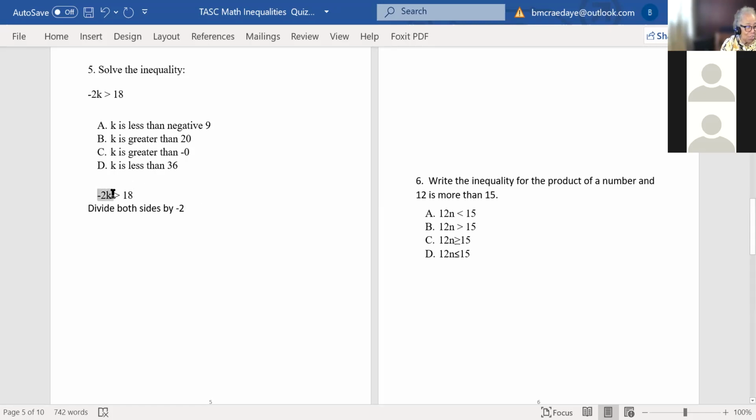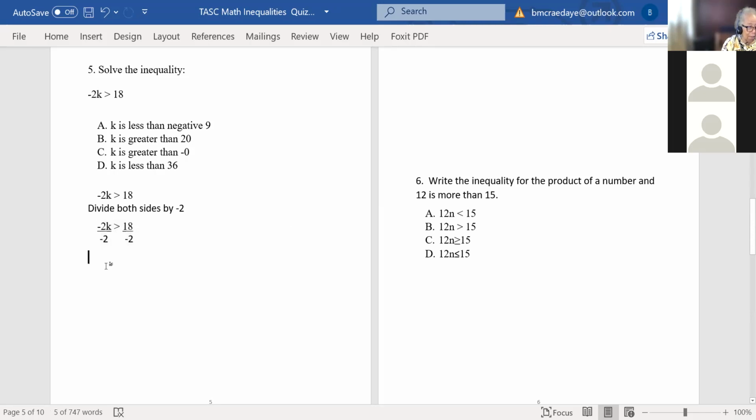Let's just do what you just said. Divide both sides, so we put our -2 on both sides of the inequality. Vanessa, what do you get on the left? You only have K remaining.